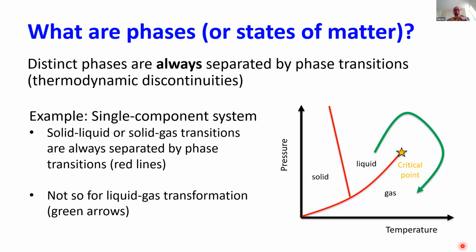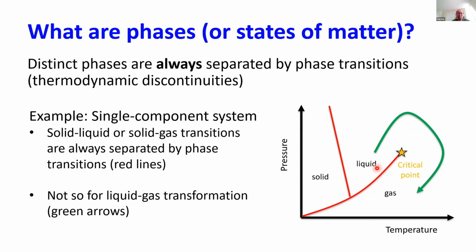However, liquid-gas transformation does not have to be separated by a phase transition all the time. For instance, if I start here in the liquid regime, I can increase the pressure, increase the temperature, lower the pressure, and then lower the temperature, go to the gas regime. So hence, liquid and gas are in fact not distinct phases, contrary to what most people learned in school, but that's just how it is.